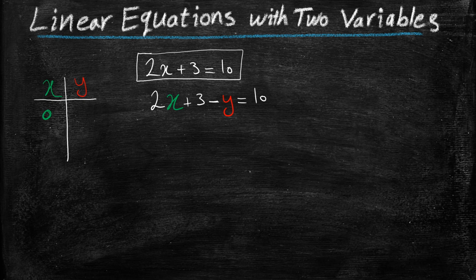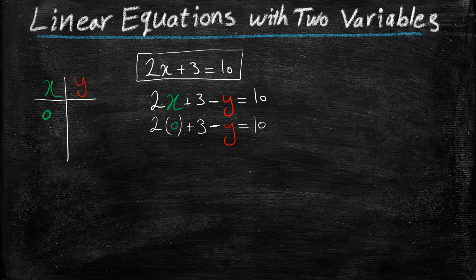Let's go ahead and do that. So 2 times 0 plus 3 minus, what is y? We don't know. We put y for now. We want to find out what y would be if x is 0. And let me make that 0 green so you know I substituted x as 0. 2 times 0 plus 3 minus y equals 10.